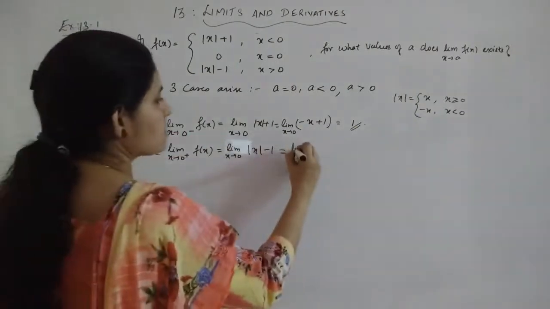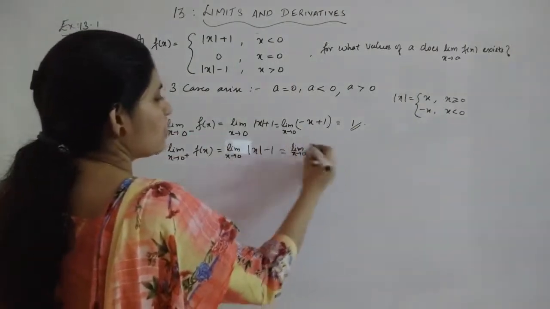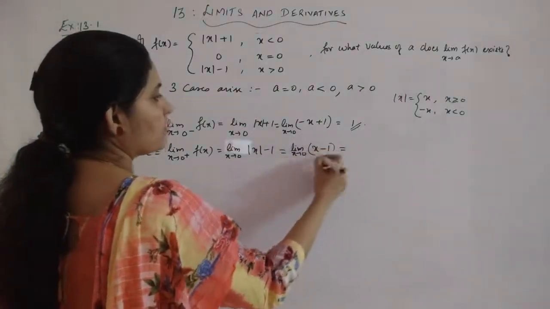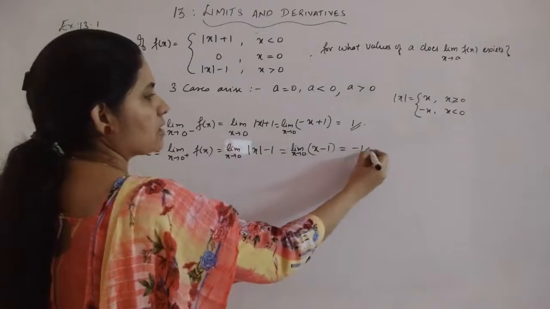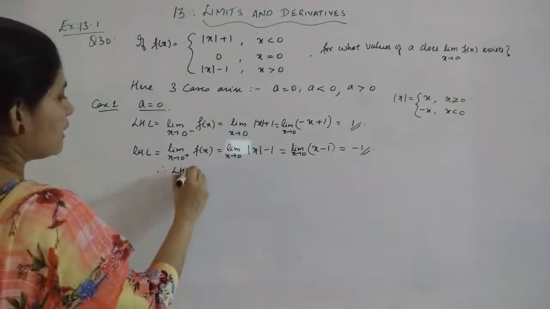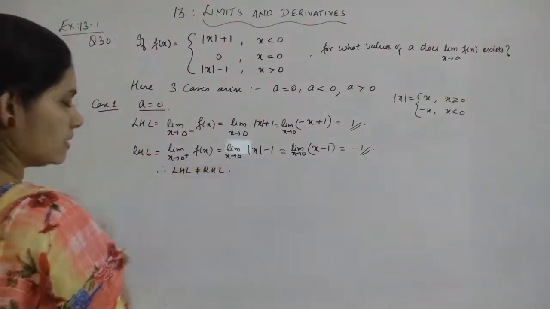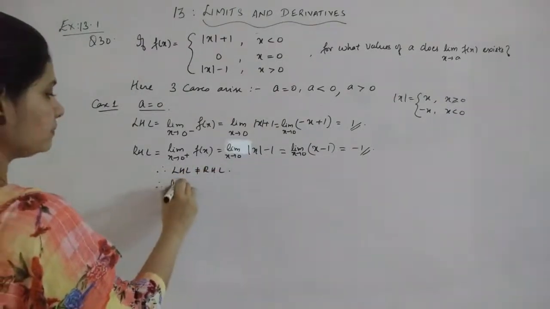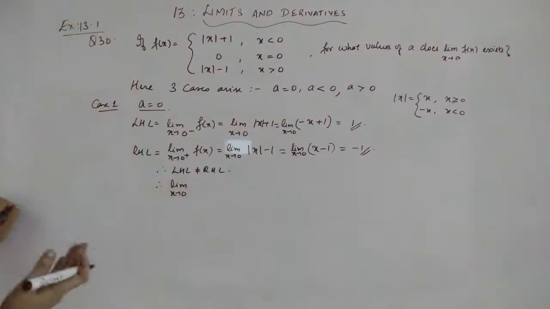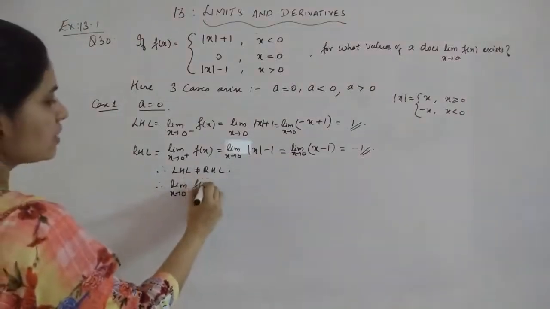So limit x tends to 0, instead of mod x we will write x minus 1. And now we will replace x with 0, so that you are getting minus 1. That means left hand limit and right hand limit have different values here. Okay, one is 1 and the other one is minus 1. Therefore, left hand limit is not equal to right hand limit. That means when a is 0, the limit does not exist.